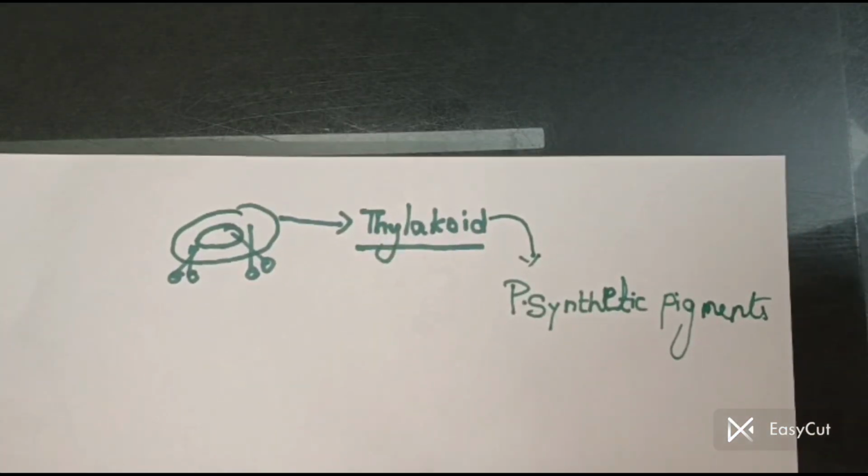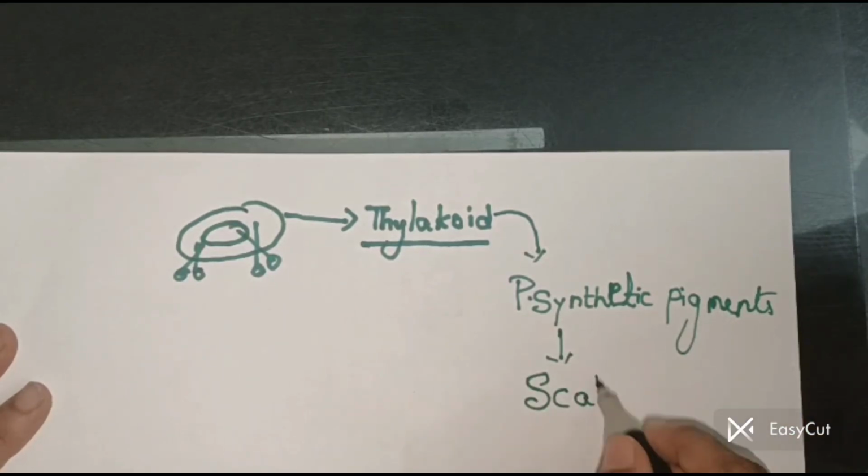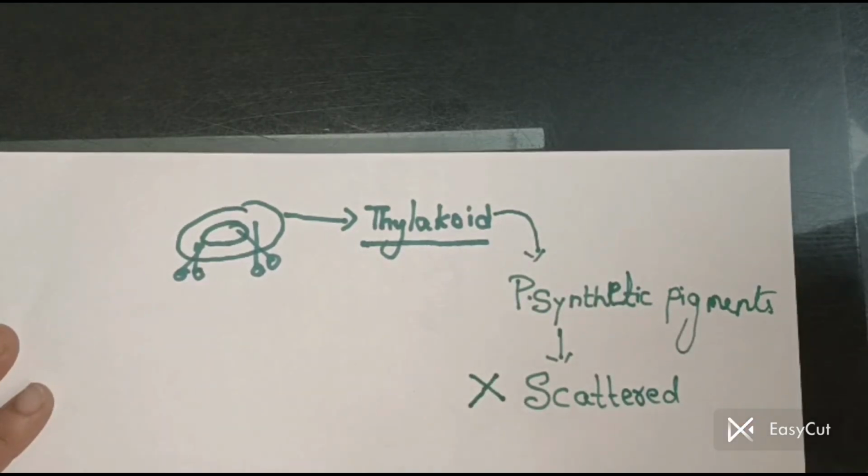And these photosynthetic pigments, as I discussed in the previous class, are they scattered like that? No, they are not scattered.